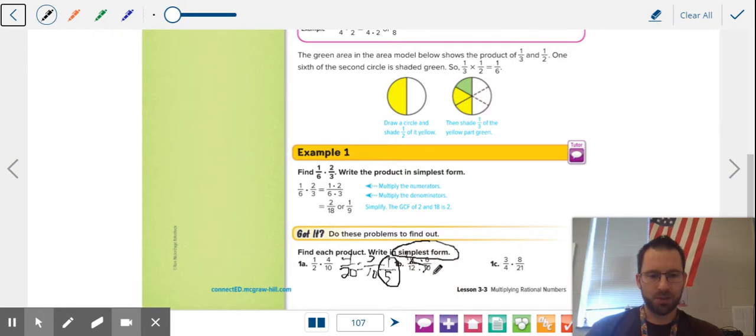So that makes a 1, and that's a 2. 6 and 12 both have a 6. That's a 1, and that's a 2. So 1 times 1 is 1. 2 times 2 is 4. So instead of ending up with 30 over 120, which is what you get if you don't cross-reduce, you end up with your answer 1/4, and you just reduce smaller numbers instead of bigger numbers. I really prefer this method because of that reason.